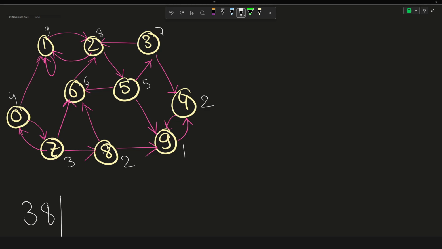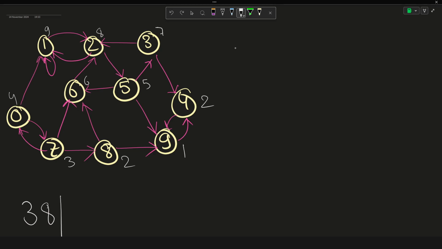Suppose I decided to go to the 6th room, then as soon as I entered this component, we saw that we would be able to visit each and every node of this component if we reach any one of these nodes.